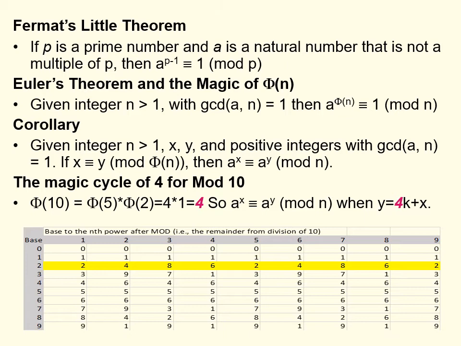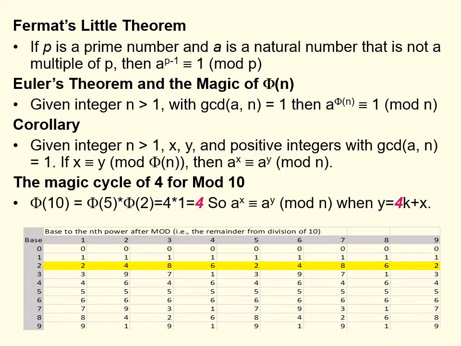What it's saying is that if P is the modulo, there is this nice property: A to the P minus 1 power is always congruent to 1, which is very, very interesting here.